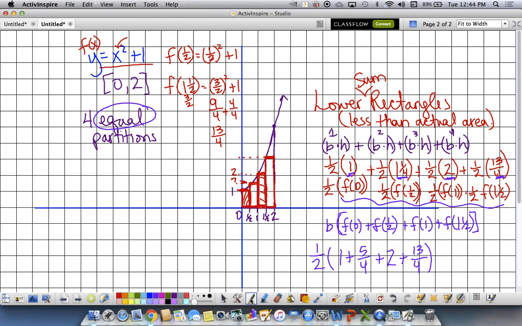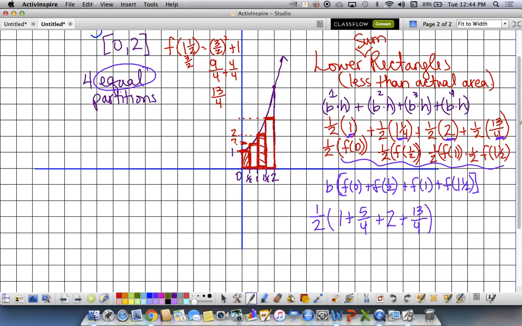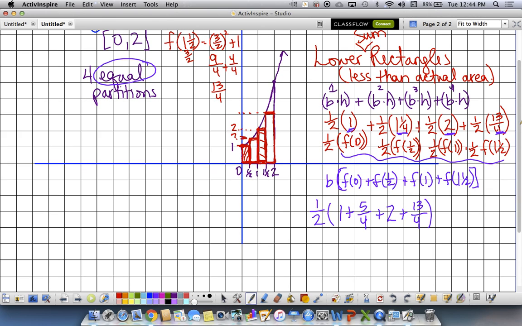I'm sorry. Okay, so if we want to get this area of these red rectangles, the lower sum, we would need to get an answer. So let's go ahead and add all those fractions and numbers. I'm going to scroll just a little. Okay, so I know 1 plus 2 is 3. 5/4 plus 13/4, 19/4.